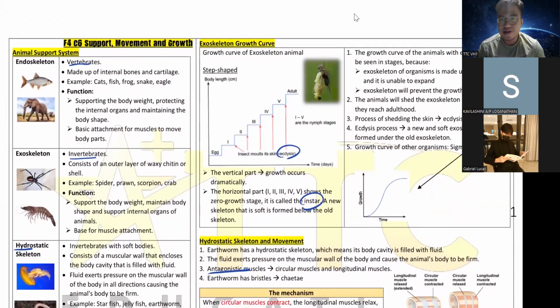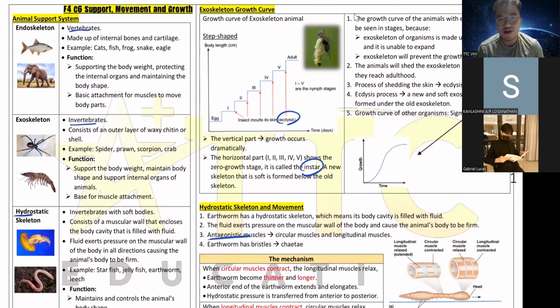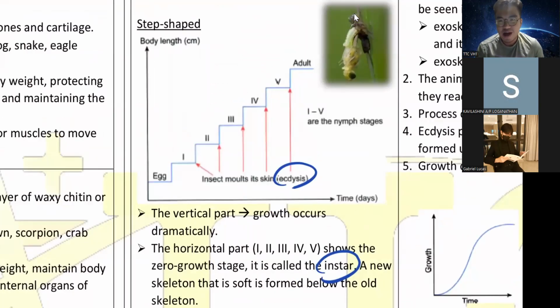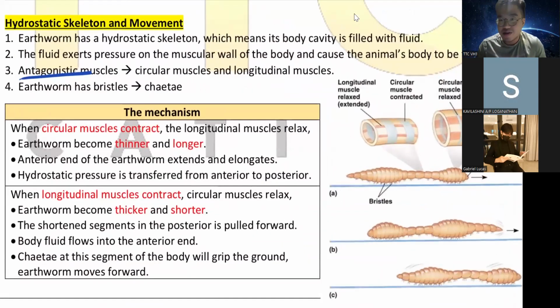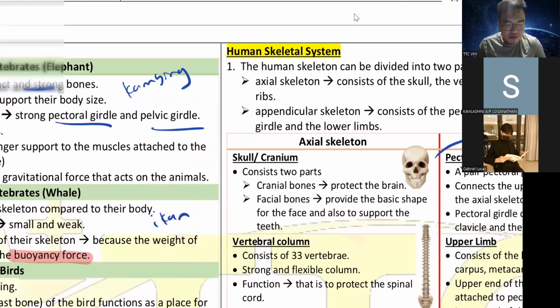Let me repeat the whole thing again. Gabriel, just for you. We have endo, exo, and hydro. We have the exo growth curve: ecdysis, instar, ecdysis, instar, ecdysis, instar. Ecdysis is when they break the shell. Instar is when they're doing nothing. Worms have antagonistic muscles, circular and longitudinal muscle, which work in opposition.